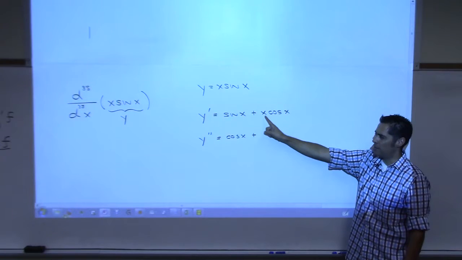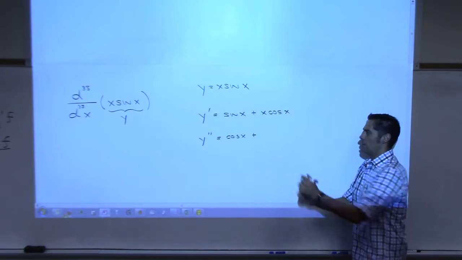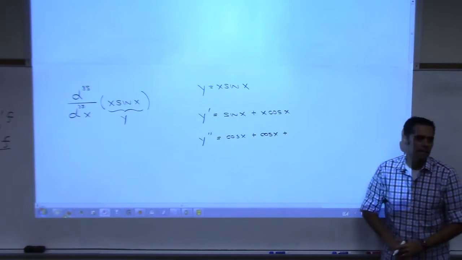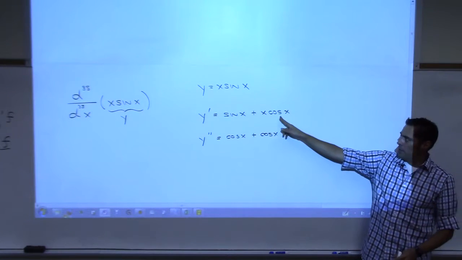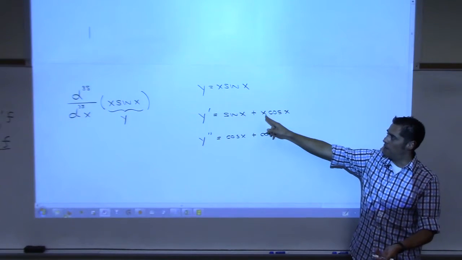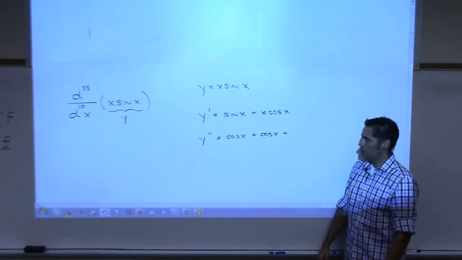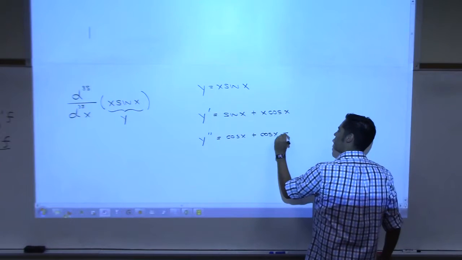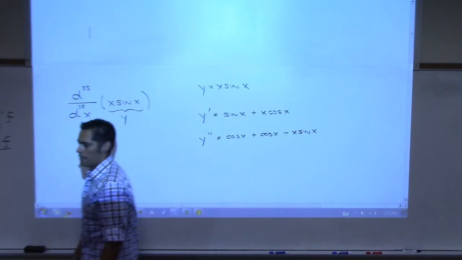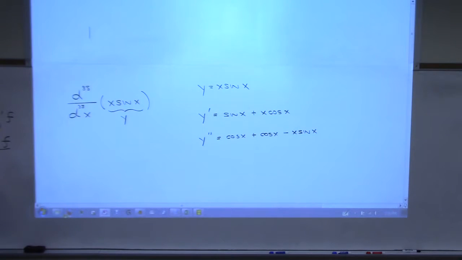What's the derivative of this? 1 times that, so that's going to be cosine x plus, now derivative of this, negative sine x, right? But then times this. So negative x sine x. I'm doing this a little fast because this is going to be our last example, and I'm assuming that you could get those if you took your time.